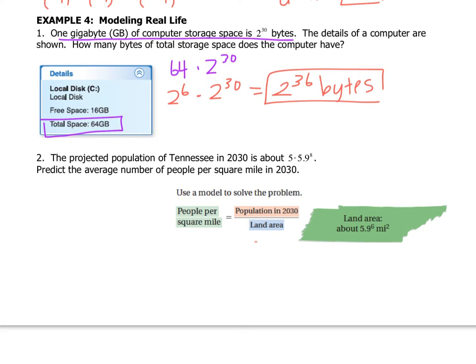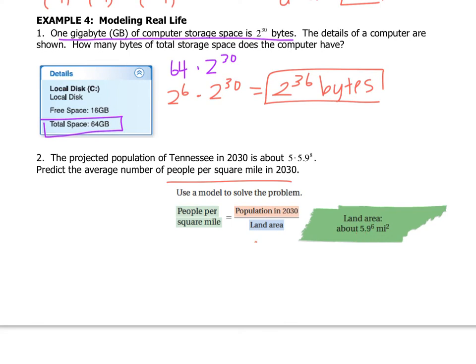And then we have to predict the average number of people per square mile in 2030. So we're going to use this ratio: people per square mile equals the population in 2030 divided by the land area. And they tell us in the picture the land area is 5.9 to the 6th.